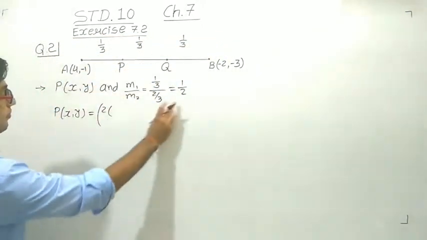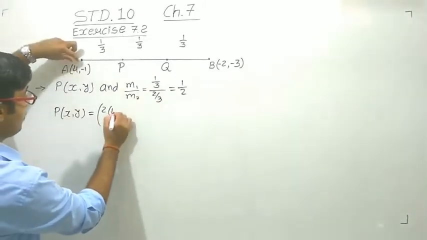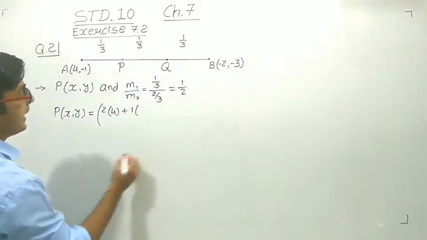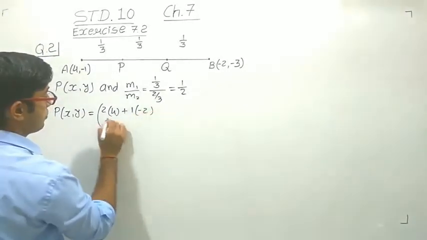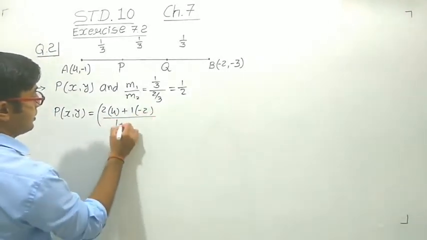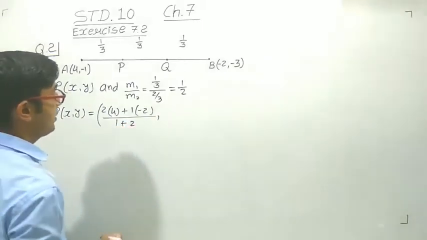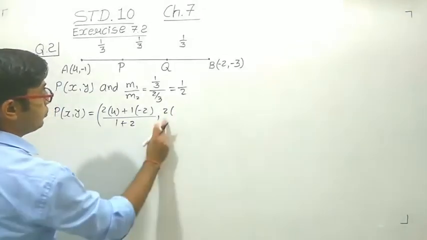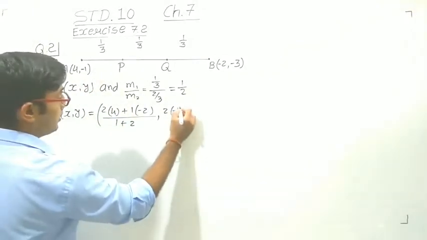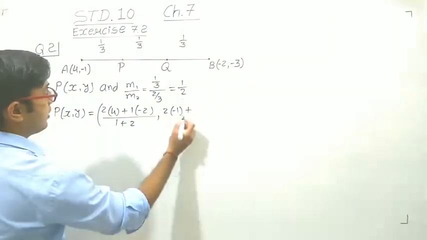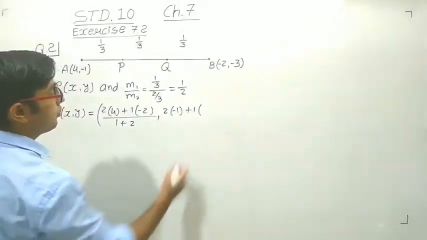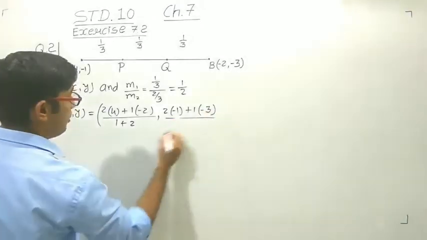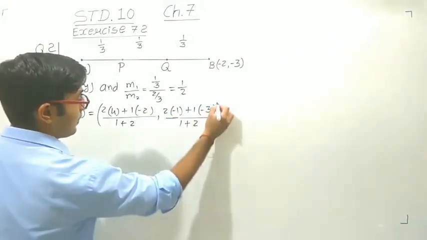So this is M2 into x1, that is 4, plus M1 into x2, that is -2, upon M1 plus M2, that is 1 plus 2. In the same way, for the y coordinate, we have to take M2, that is 2, into y1, that is -1, plus M1, that is 1, into y2, that is -3, upon 1 plus 2.